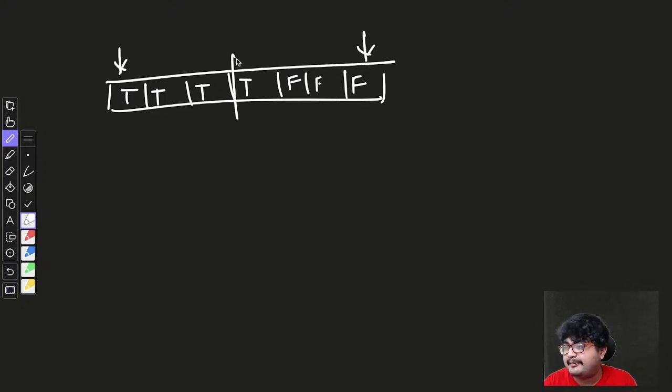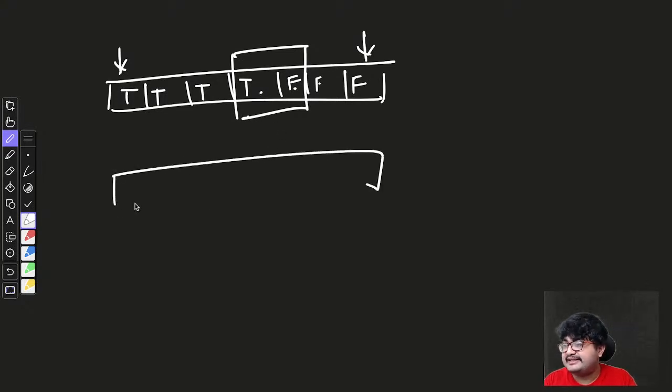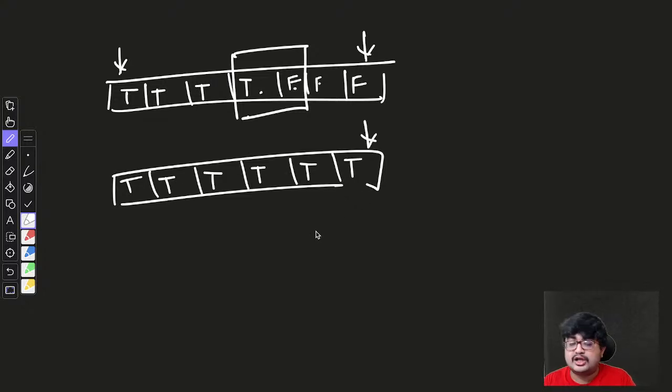Only then can we end up in a condition like this, right? High will be pointing at this false and low at this true. But another condition can be that everything is true. Now in this case, high is also pointing to a true, so our binary search will break. It will not work as expected.